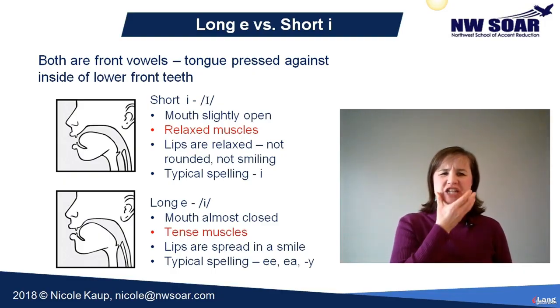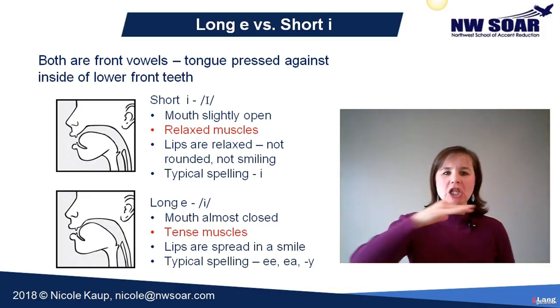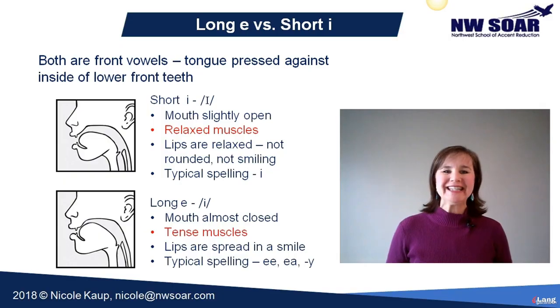You see a lot of tension in my face. And it sounds higher pitched. It's a longer sound. So E as compared to I. E. The mouth position is similar, but the huge difference here is relaxed versus tense.